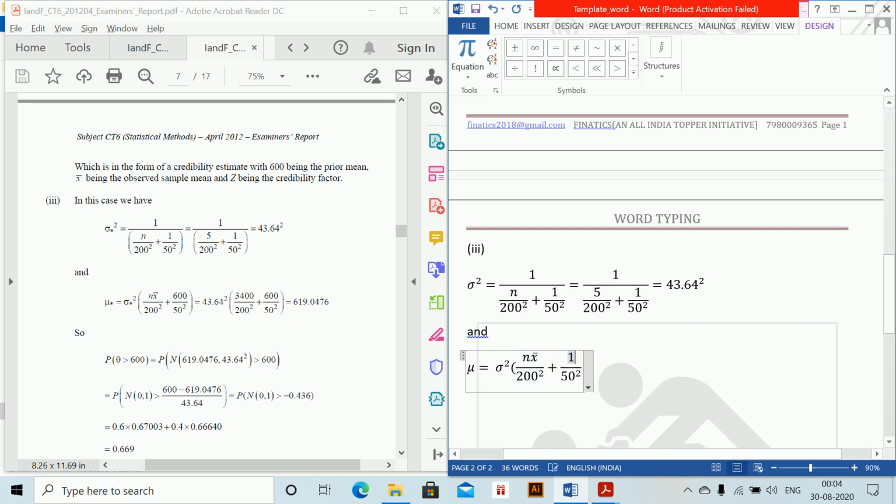Same thing, only here now n is 5, brackets close, is equal to 43.64 squared times (3400 by 200 squared plus 600 by 50 squared), sorry, which is equal to 619.0476.